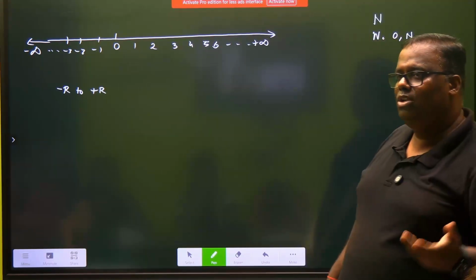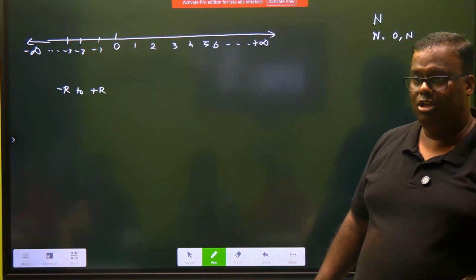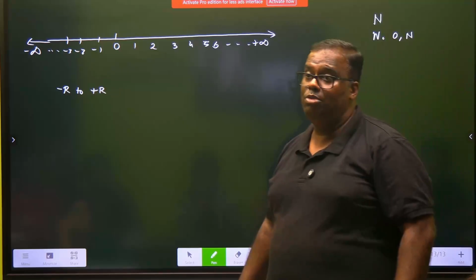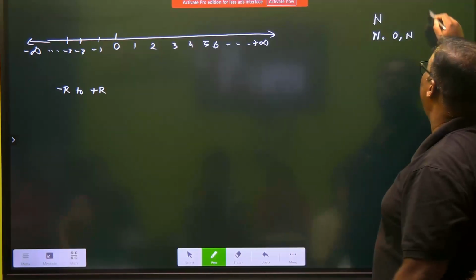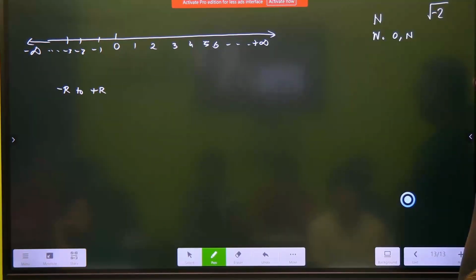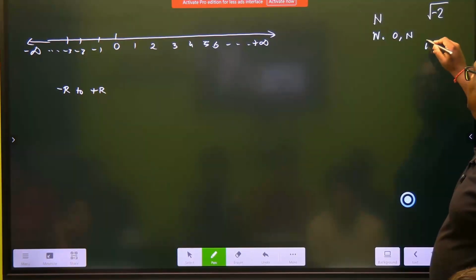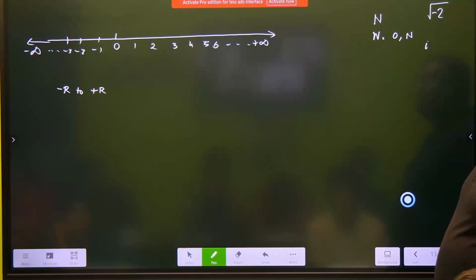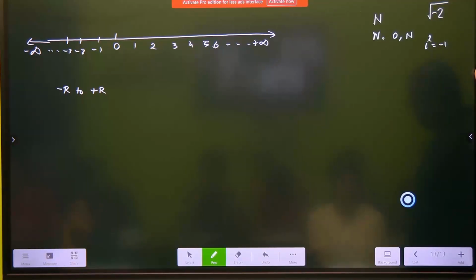In grade 11, you'll open up a box called imaginary numbers. They will be represented on a different plane called the Argand plane, where you'll get a number like root of -2. The root of -2 doesn't exist as per you, so we'll get a number i called iota, where i square's value will be equal to -1.